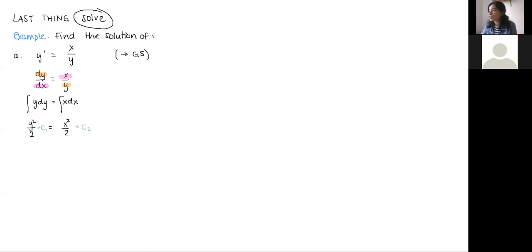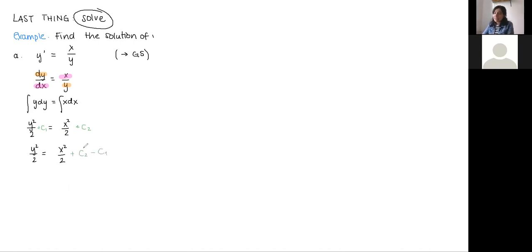Now, I'm trying to solve for the function y in terms of x, which means I'm going to try to move everything out to the other side. So that means I'll have y squared over 2 is equal to x squared over 2 plus c2 minus c1. Right?